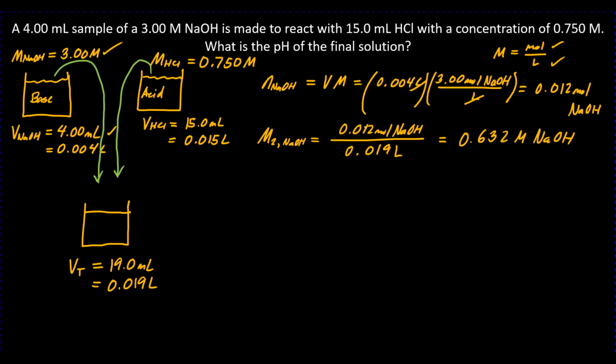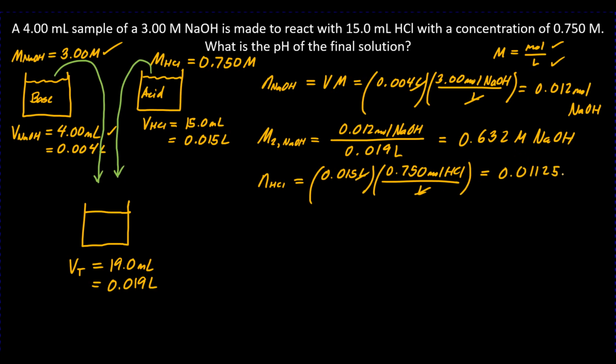This is the same process that we're going to do for the hydrochloric acid. This is the amount of the hydrochloric acid at its initial container, and then when placed in the new container, this is the new concentration.